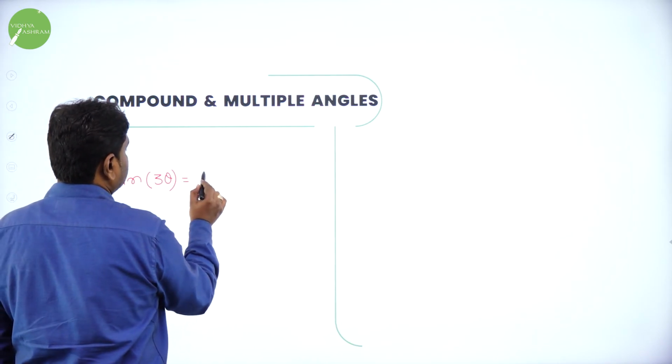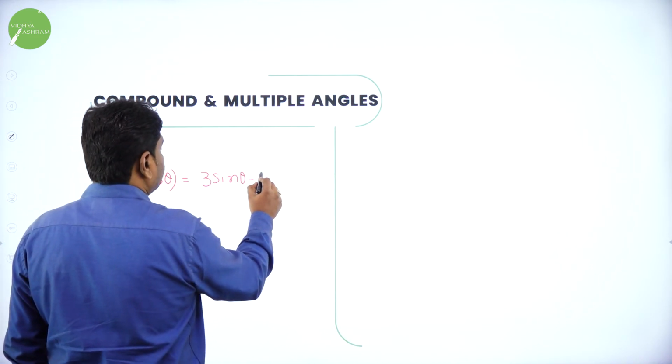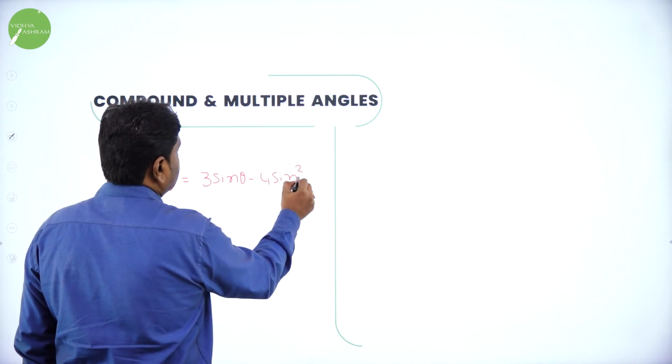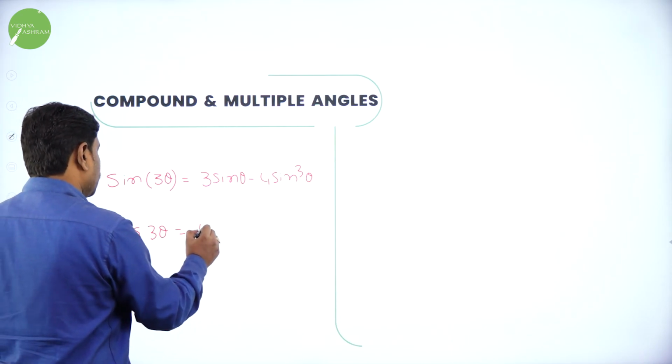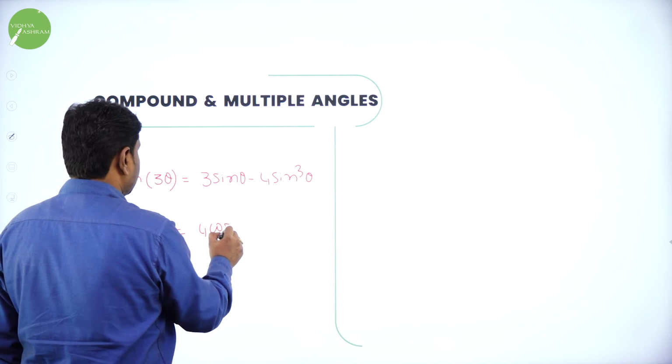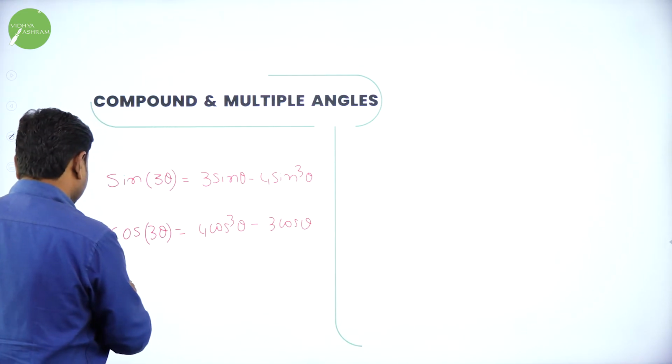What is sin 3 theta, dear students? That is 3 sin theta minus 4 sin cube theta. And what is cos 3 theta? Cos 3 theta is 4 cos cube theta minus 3 cos theta. What is tan 3 theta, dear students?